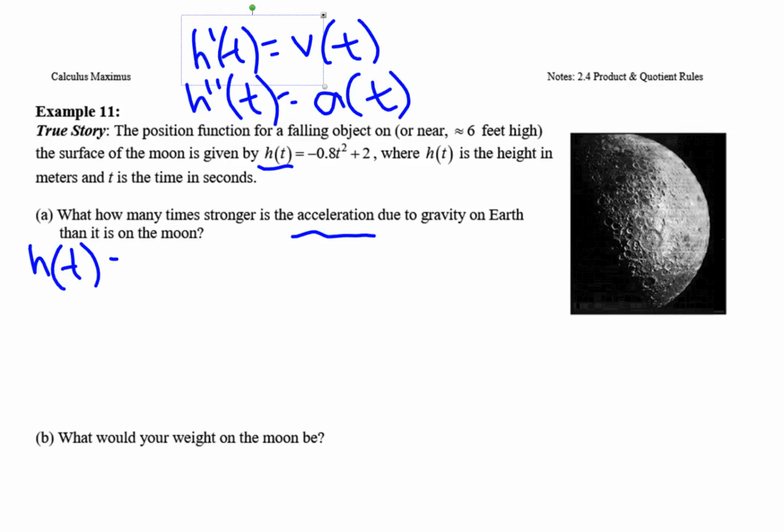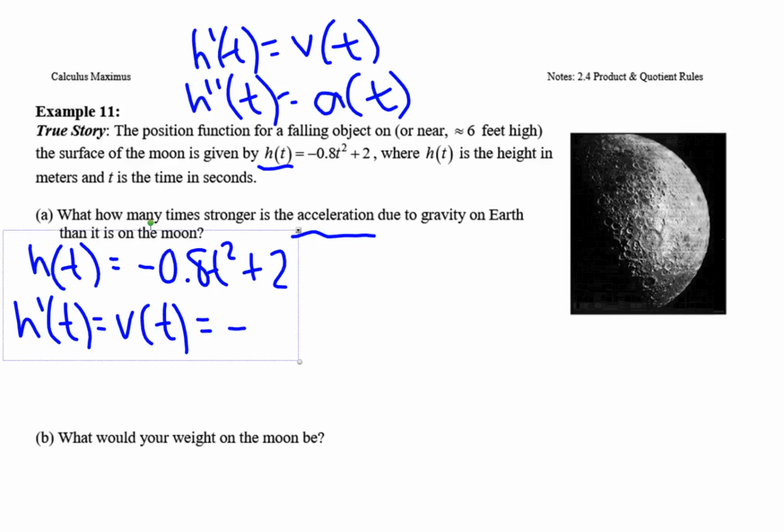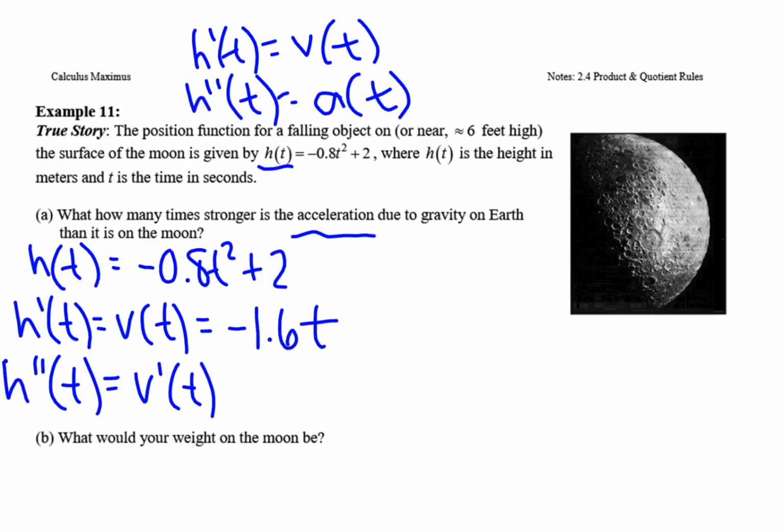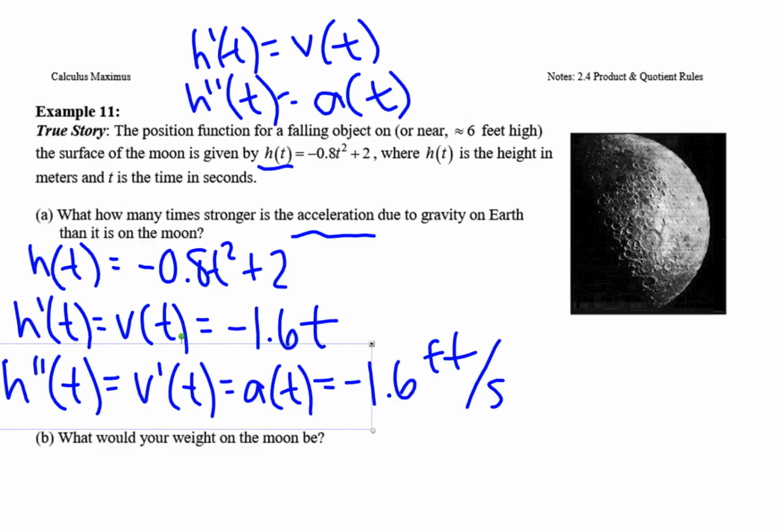So if h of t is this, h prime of t, or v of t, would be negative 1.6 t. And then h double prime of t, or v prime of t, or a of t, would be negative 1.6. And this would be feet per second squared.